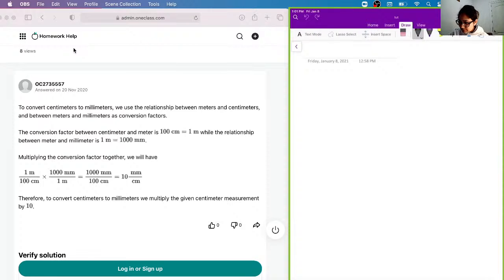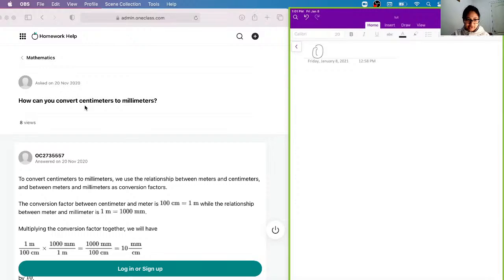Okay, so our first question says how can you convert centimeters to millimeters? So this is a conversion question. So basically, there's a conversion factor between centimeters and meters.